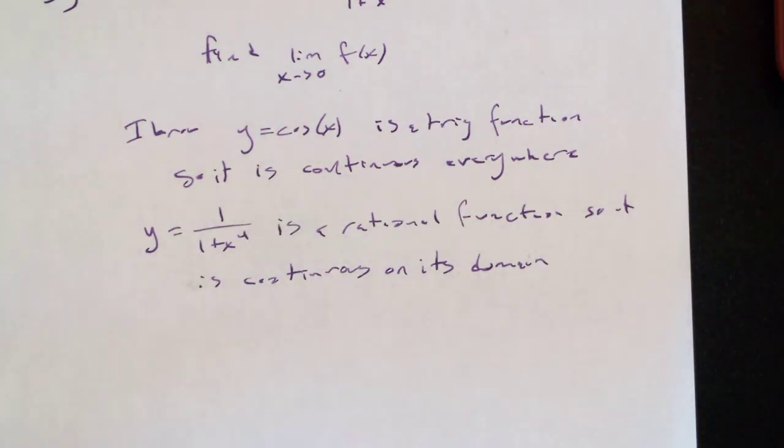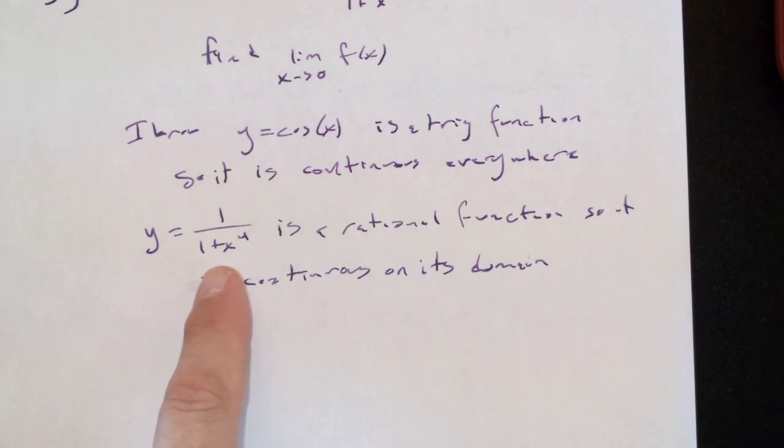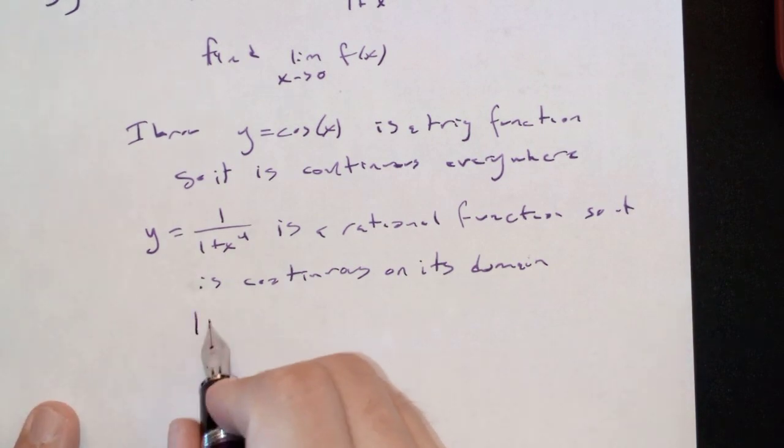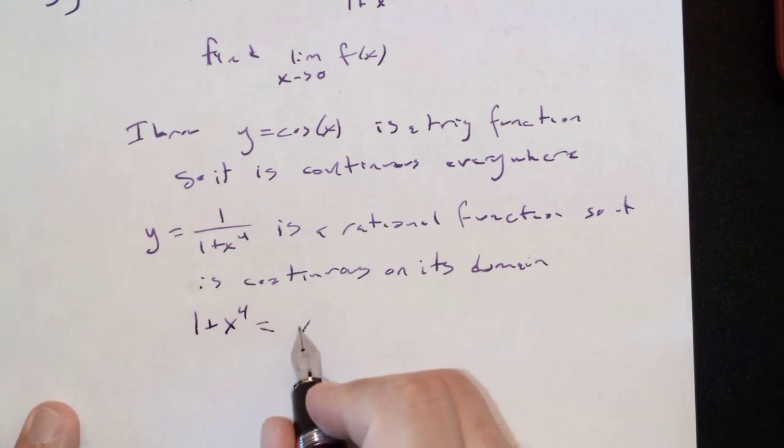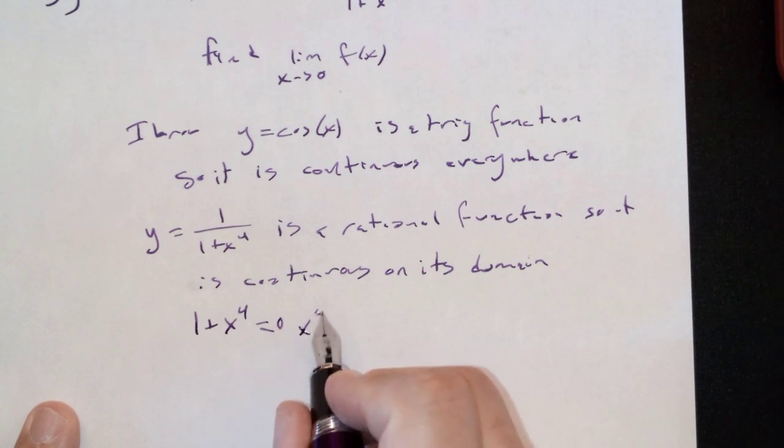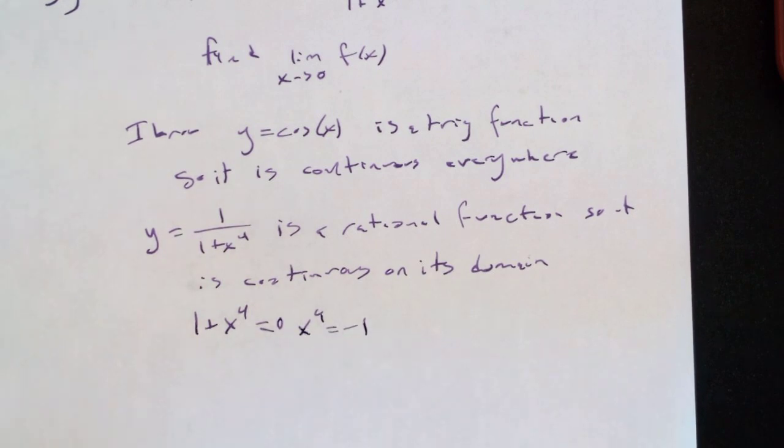So now I have to ask the question, where is this not defined? Ooh, check that again. You can't divide by 0, right? So what happens if you set the bottom equal to 0? If I try and set the bottom equal to 0, I get x to the fourth power equals negative 1. Can you raise something to an even power and get a negative?